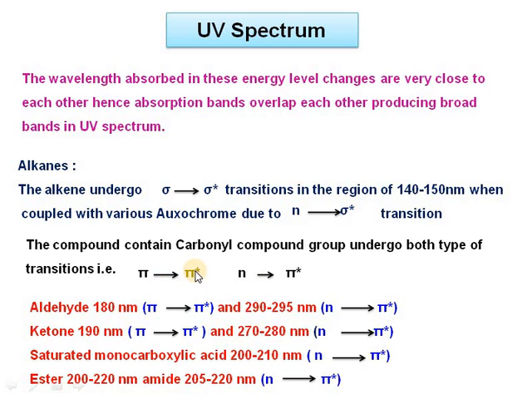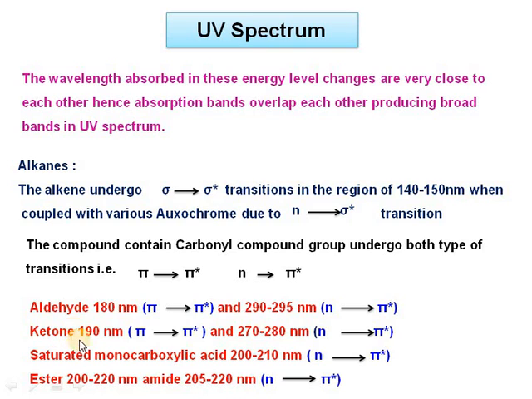Various carbonyl compounds and their values are shown here. Aldehyde shows 180 nanometers due to pi to pi star transitions and 290 to 295 nanometers due to n to pi star transitions.